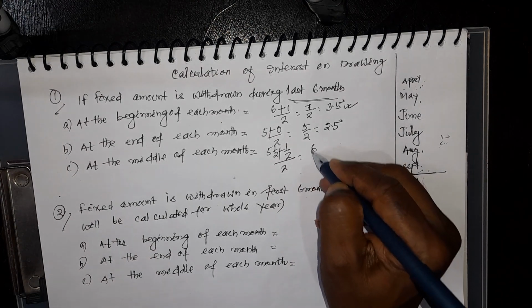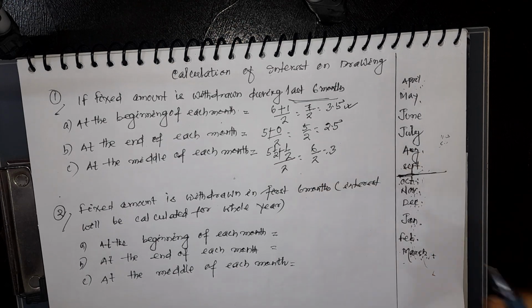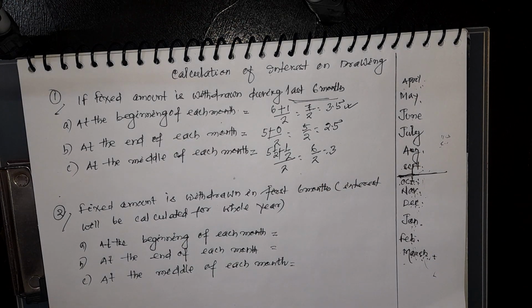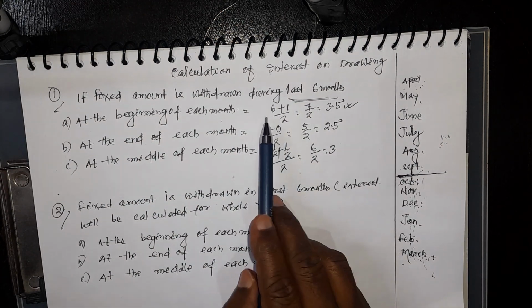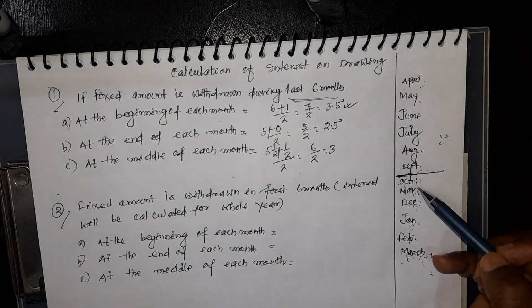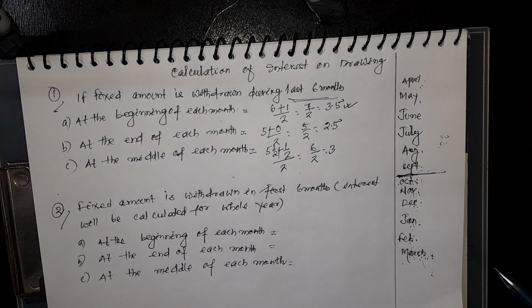That means 6 by 2, it will be 3. Clear? So the formula is the same: months left after first drawing plus months left after last drawing, by 2. This formula you will remember. After doing some questions, it will be easy for you.